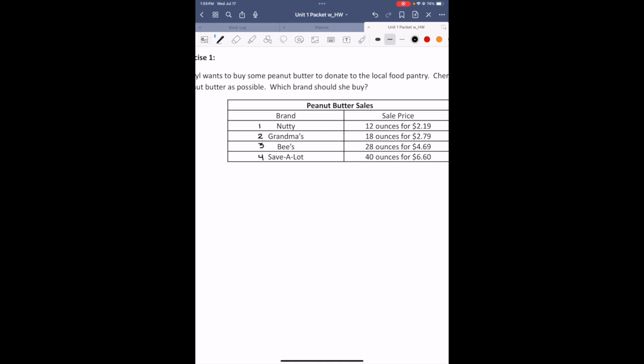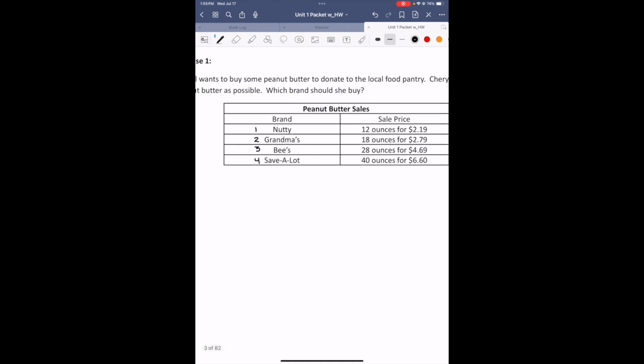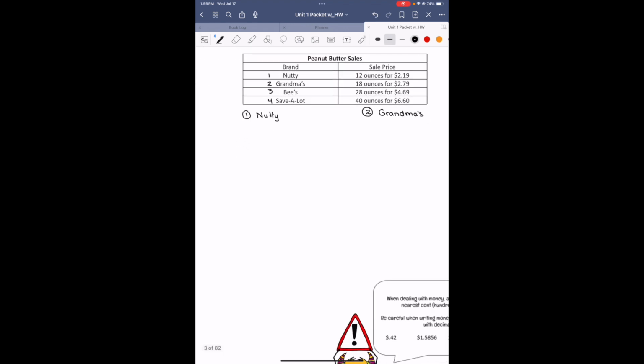So that means I should have 4 different sections of my problem. So the first one would be the Nutty brand. 2 would be Grandma's. 3 would be Bees. And the 4th brand is Save-A-Lot.